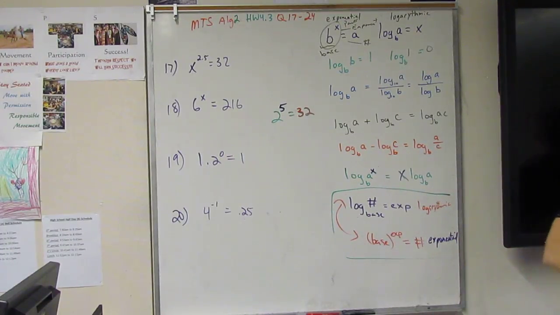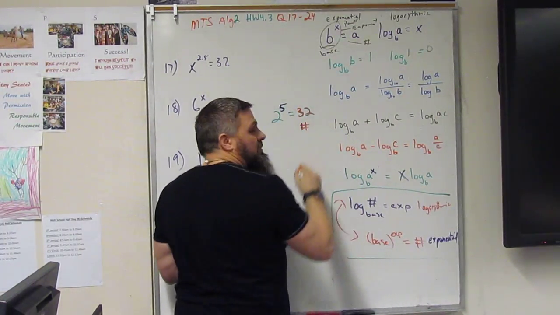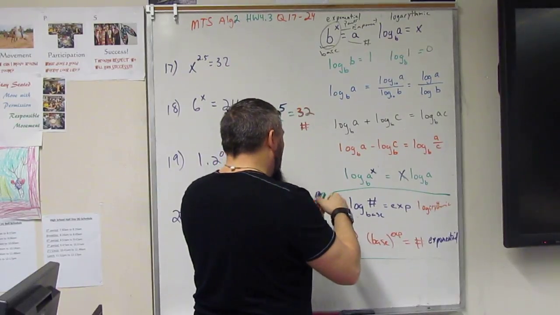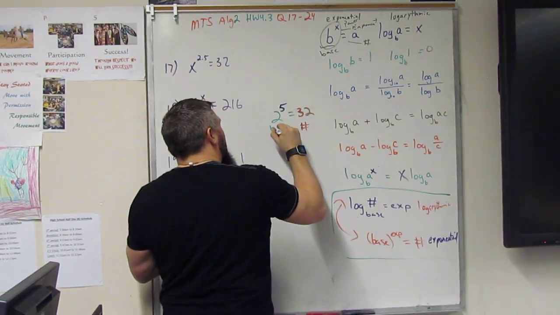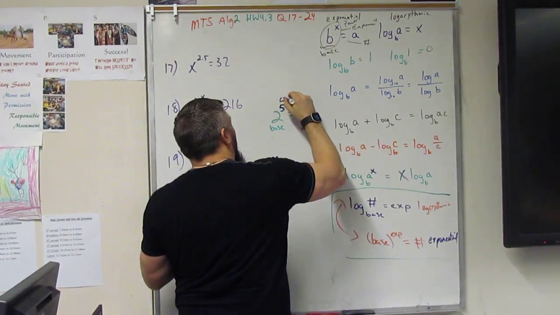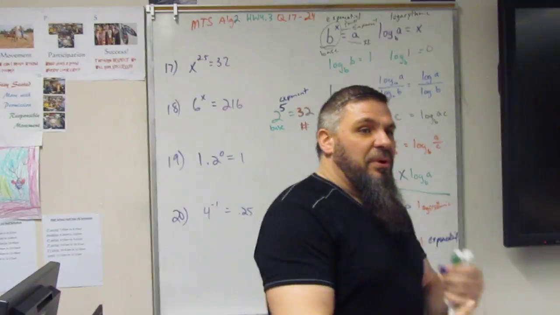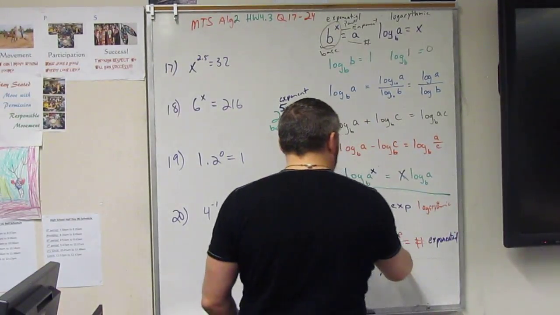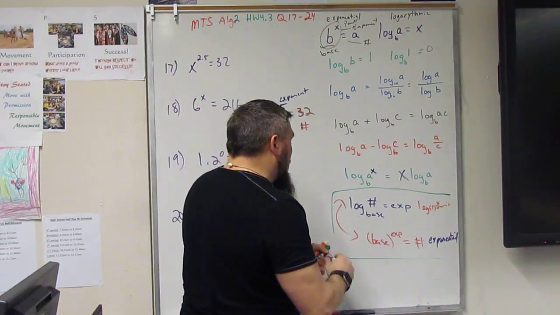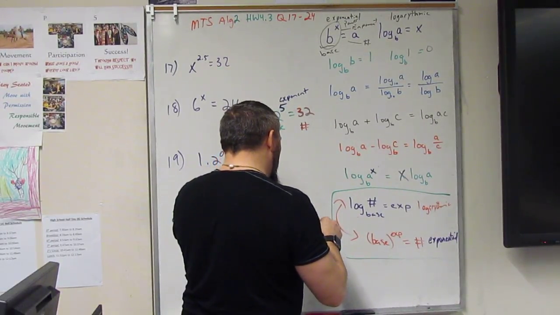That's exponential form. In other words, this is your number, this is the base, and this is the exponent. And then when we put it in logarithmic form, what we're saying is that the log.